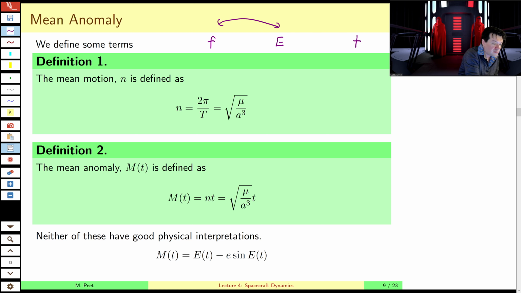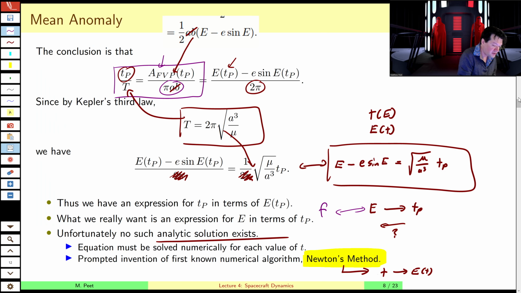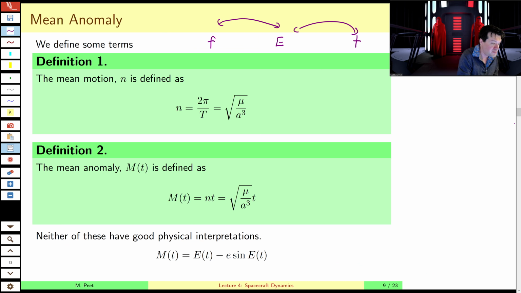So the previous expression described a relation from E to T. Unfortunately, solving this equation is a little bit dicey because of the scalings on these numbers: TP tends to be very large and E tends to be very small, and so we try and introduce an intermediate variable, which is an angle, to get this a little bit better conditioned.